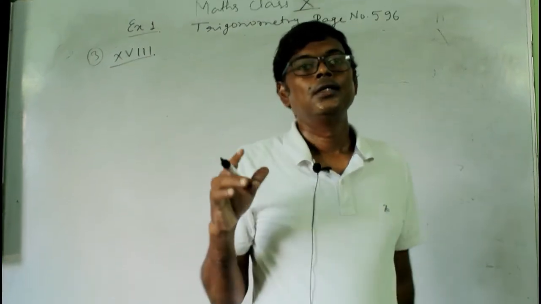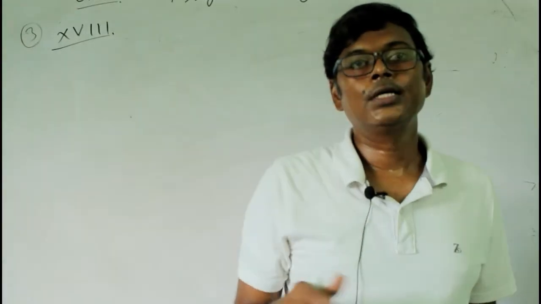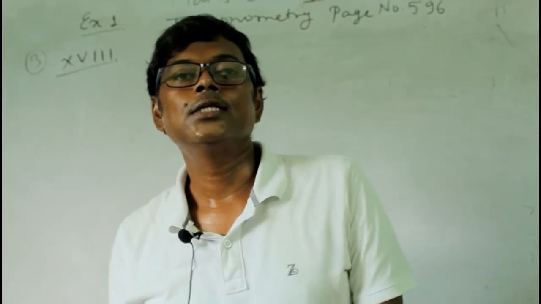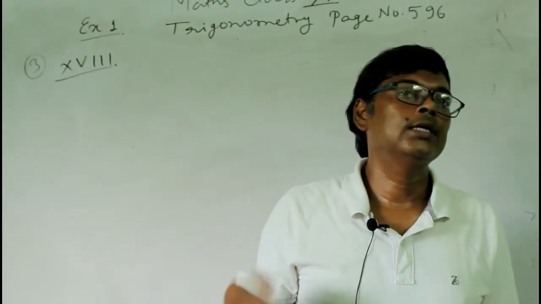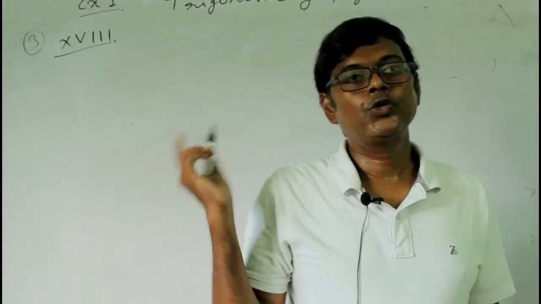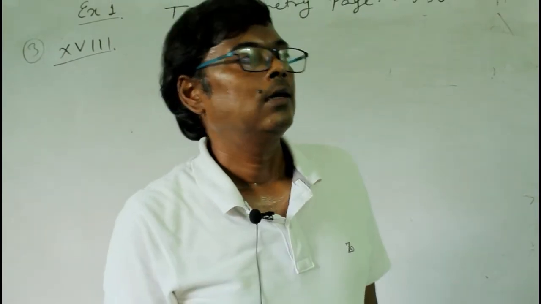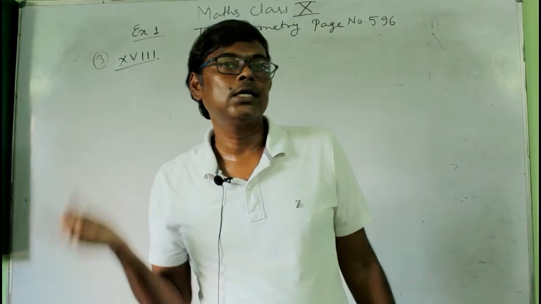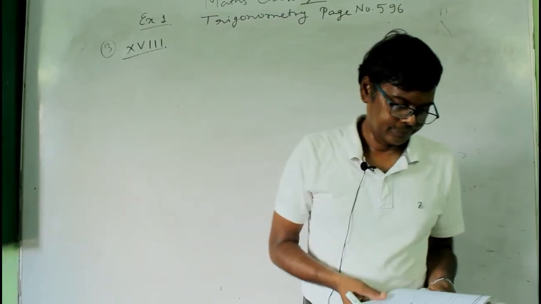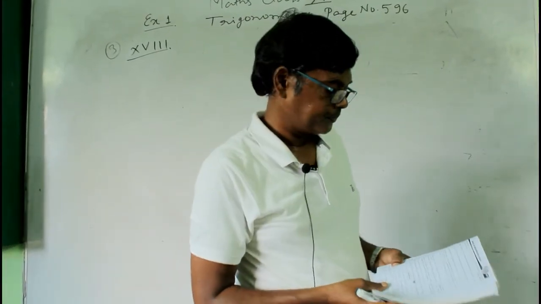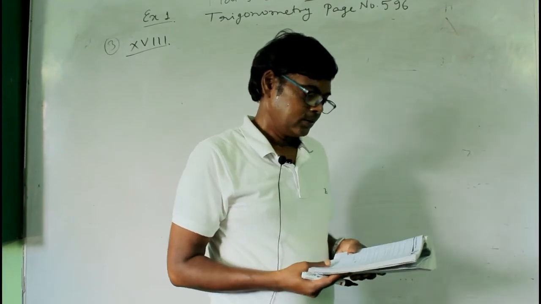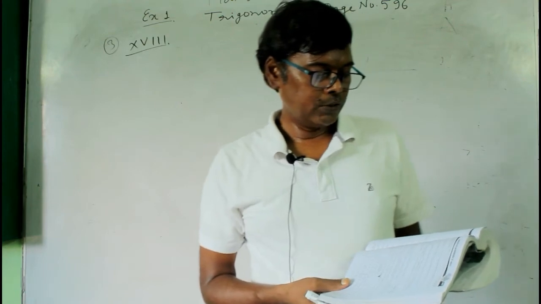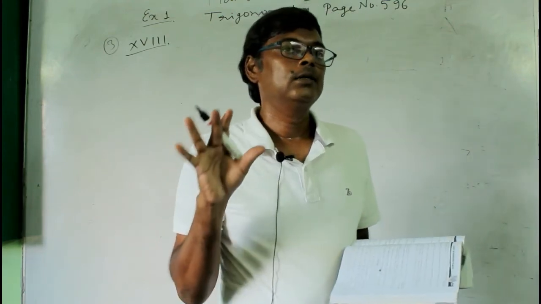There is an arc of length L1 which subtends angle theta 1 at the center, and the arc of length L2 subtends angle theta 2 at the center, and the arc of length L3 subtends angle theta 3 at the center. All these angles are in radian measure, with radii of the circles.